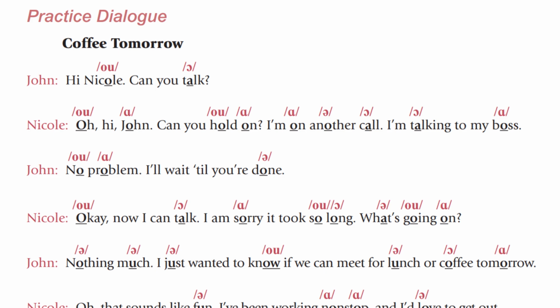Vowel contrasts dialogue for ʌ, aw, and o. Coffee tomorrow. Hi, Nicole. Can you talk? Oh, hi, John. Can you hold on? I'm on another call. I'm talking to my boss. No problem. I'll wait till you're done. Okay, now I can talk.